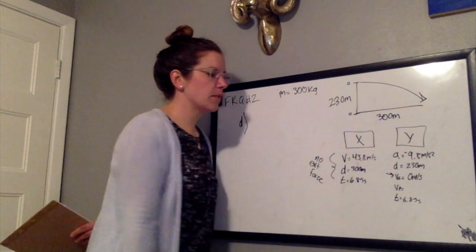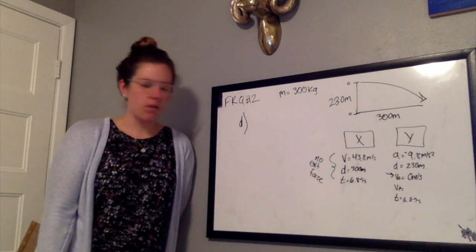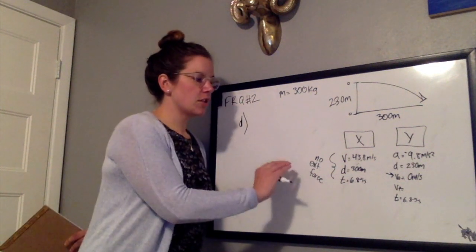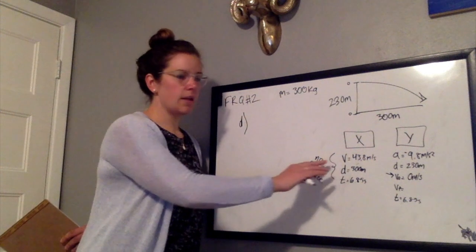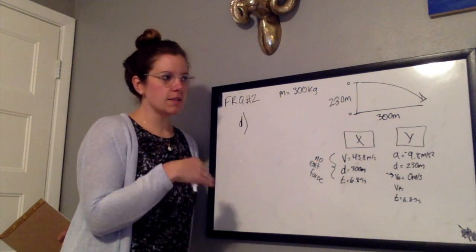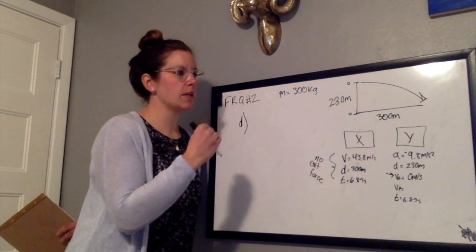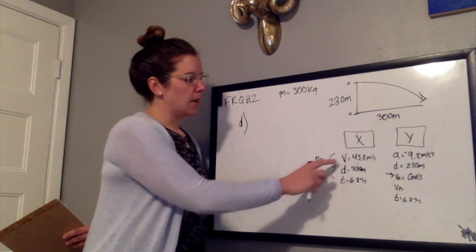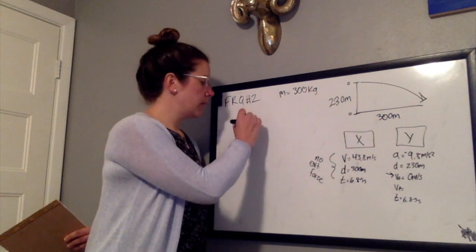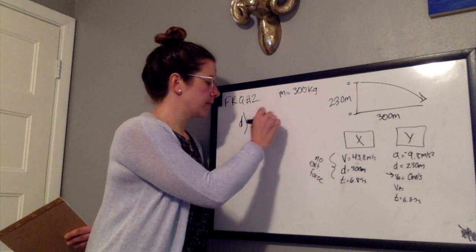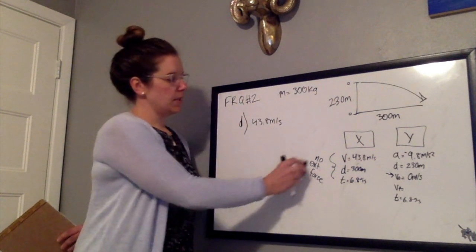Here you're experiencing the force due to gravity and acceleration due to gravity pulling it down. In the x direction, there is no external force. So there's nothing, the air resistance, there's nothing pushing it or pulling it to make it slow down or speed up. So the velocity is going to always be constant. There's your answer for part D.